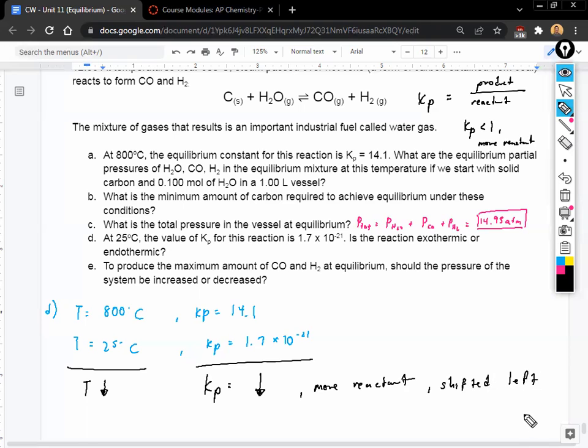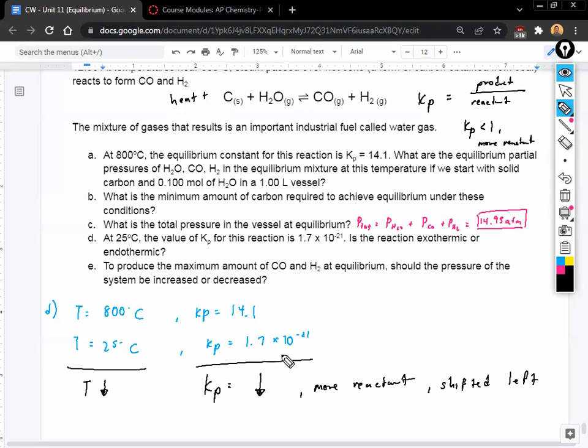I know, so many different things going on, right? So if the equilibrium shifted left when the temperature went down, does that mean heat is a reactant or a product? It's going to be a reactant. Yeah, heat is a reactant because when the temperature goes down, we created more reactant, right?